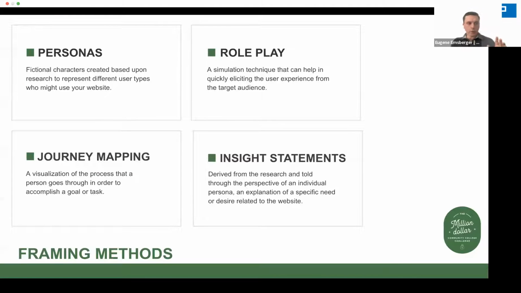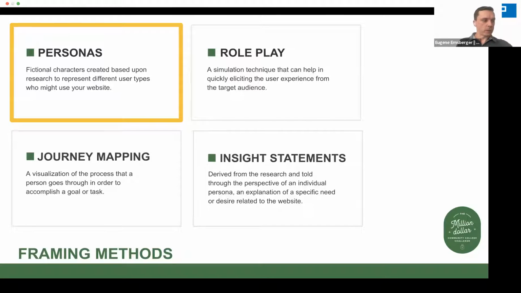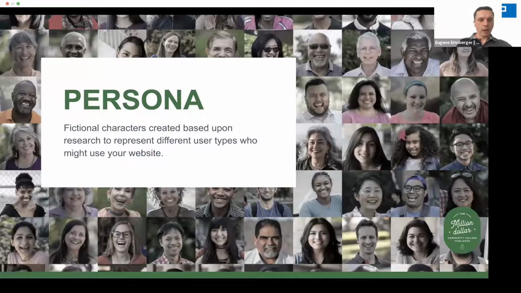As we work through this phase, the framing phase, we have a number of tools available to us to help us converge or focus. For now, I want to dig into personas and how they help us frame, identify, and document our audience groups.